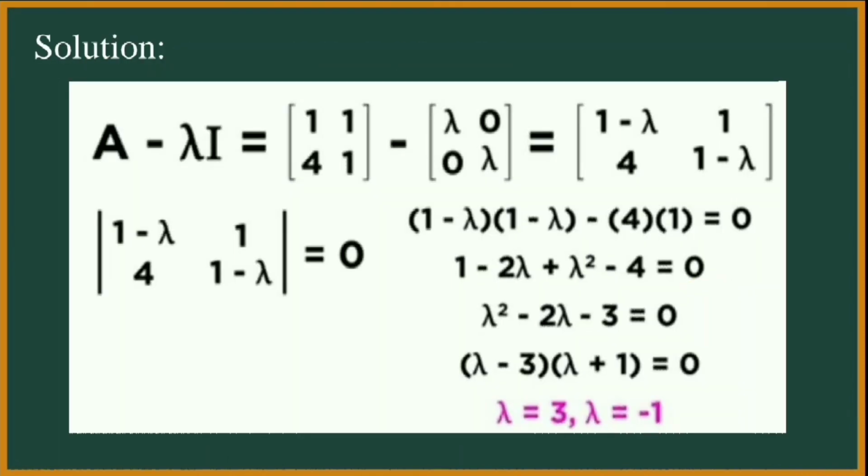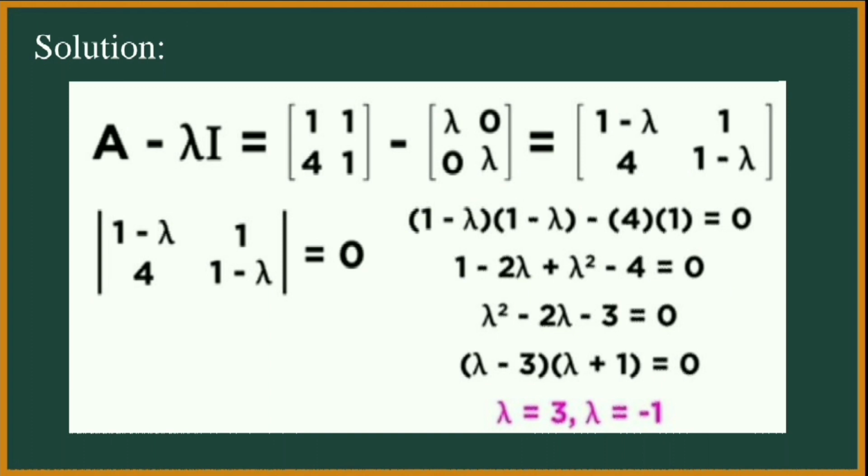So our solution is, we use A minus lambda I, and we need to substitute the values. So it is equal to 1, 1, 4, 1 minus lambda, 0, 0, lambda. So it is equal to 1 minus lambda, 1, 4, 1 minus lambda.